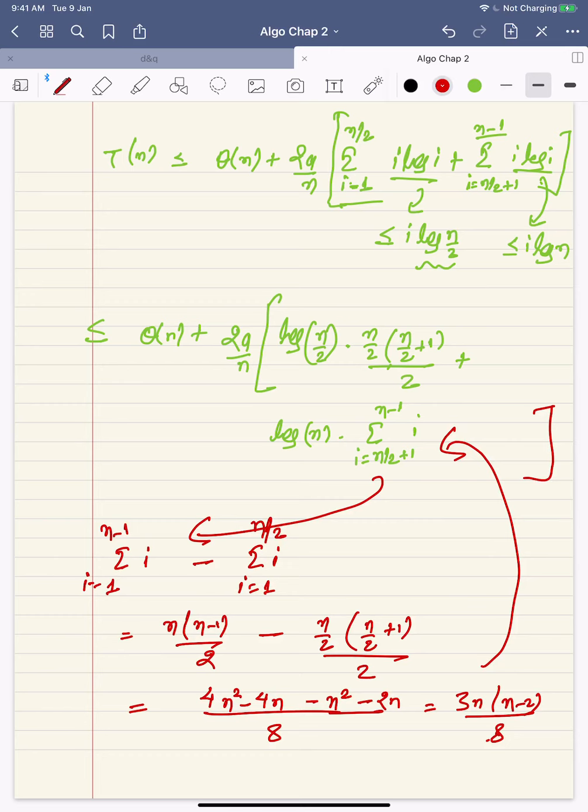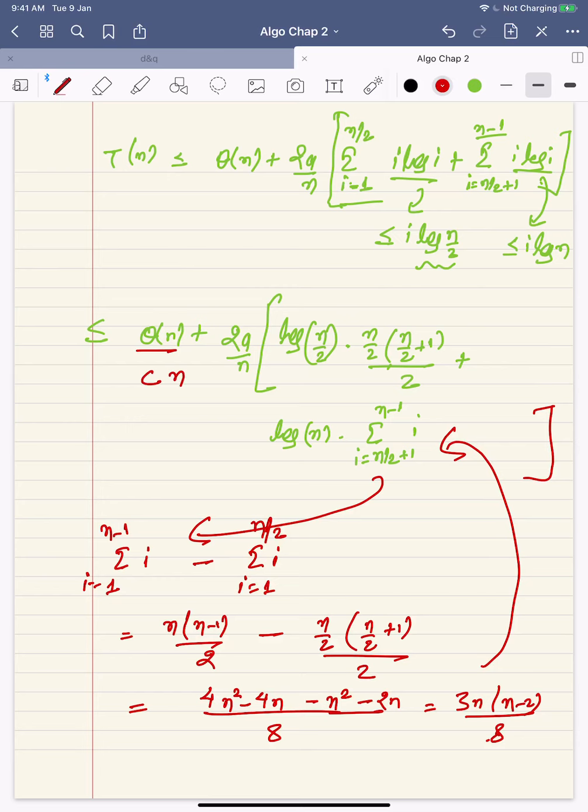So things have not become simpler, as you can see, but we are hoping that this will give us something. So let's see what we can do now. Theta n we are replacing by something. Let's say theta n is less than or equal to some Cn, so we write this as Cn.